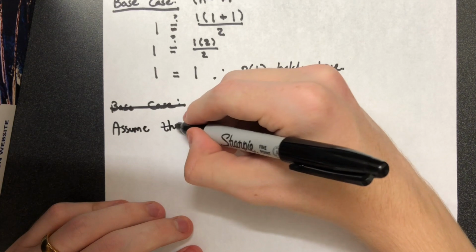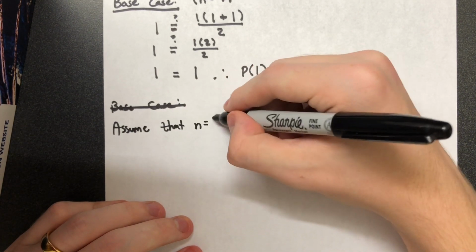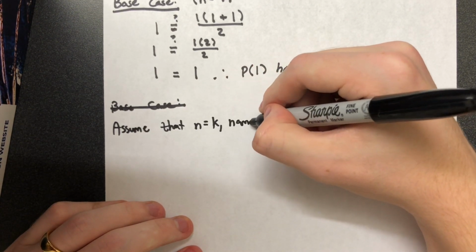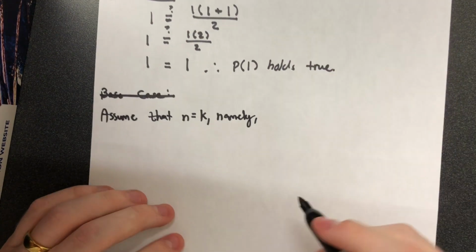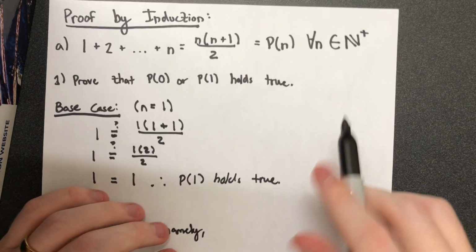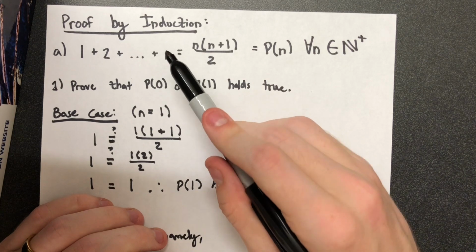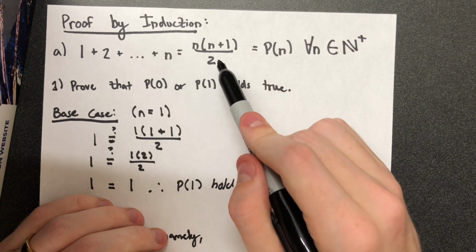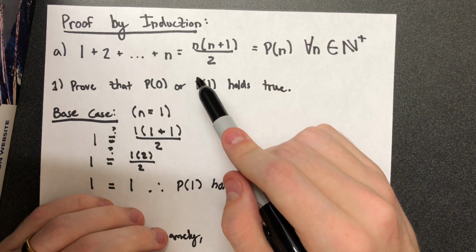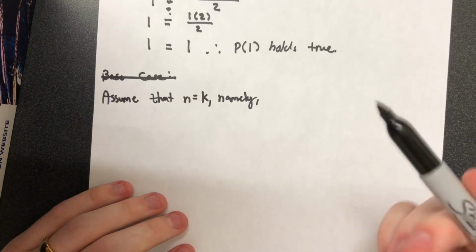Assume that n equals k. Namely, right here, we'll need to take our original statement and then we'll substitute in k on both sides. So what does that mean? Well, I'll show you.